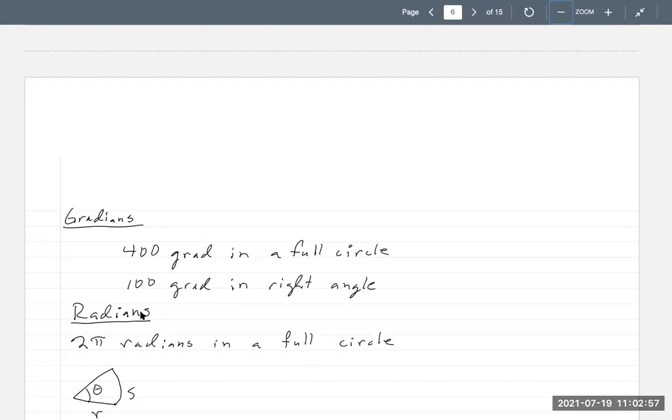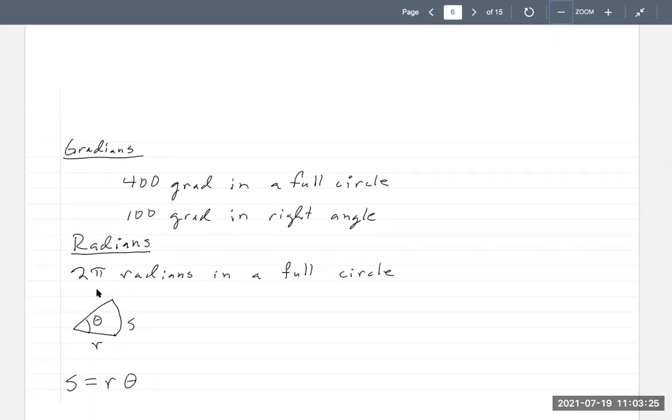It had to do with the days that the Earth travels around the sun, which really had nothing to do with geometry. So what we do in this class is use radians, which have a geometric definition. There are 2 pi radians in a full circle.